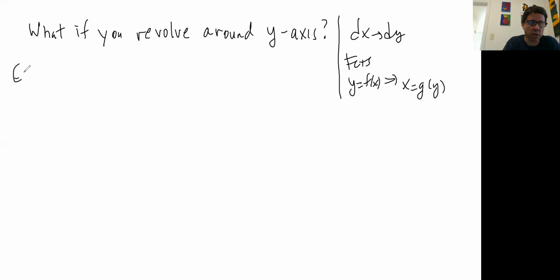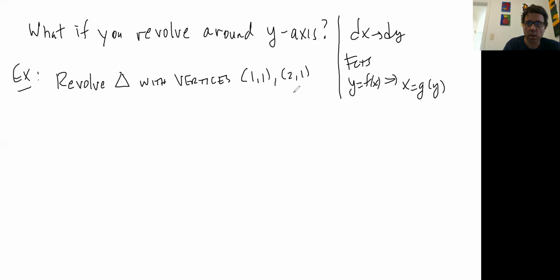So here's what I mean, for example. Let's see. So revolve the triangle with vertices at (1, 1), (2, 1), and (2, 3) around the y-axis, and then find the volume.